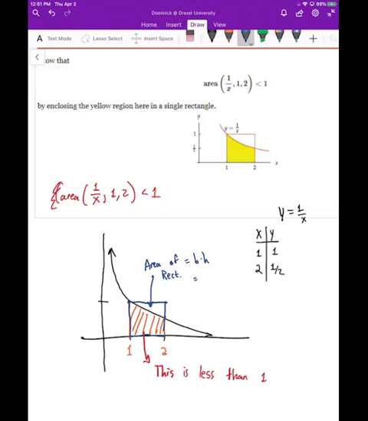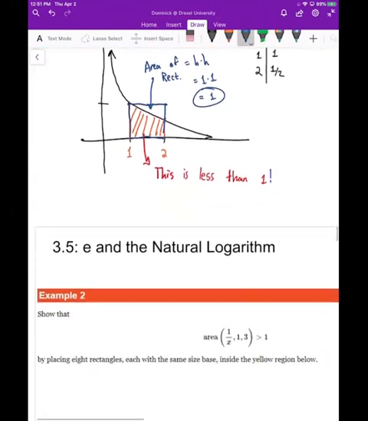The base is a length of 1 because it's from 1 to 2, and its height is also 1. So the area of this rectangle is 1. But now it's easy to see that the orange part is less than 1 because it's the rectangle with a chunk missing out of the top. So from 1 to 2, the area underneath 1 over x and above the x-axis is less than 1. All right, so that's an intro example here.